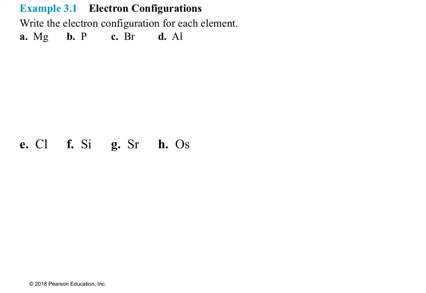So we're going to write the electron configuration of each element here. So we have magnesium. Now magnesium is in the second column of the third row. So it has 1s2, 2s2, 2p6, and then 3s2.